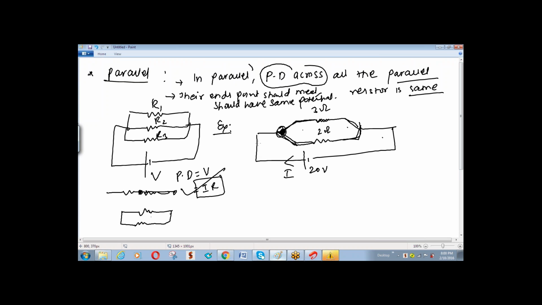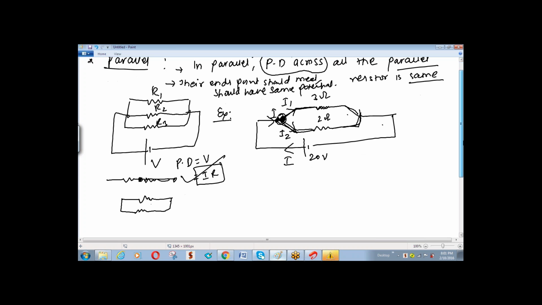It will go up till this point. On reaching here, it has two branches. If 10 liters of water comes here and there are two pipes, of course some water will go in both of them. So I can say this is I1, and this is I2. I don't know the value of I1 and I2, but I am sure that two branches are coming out of the original current.